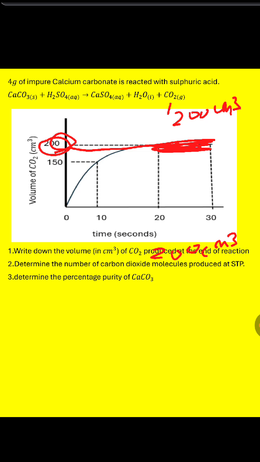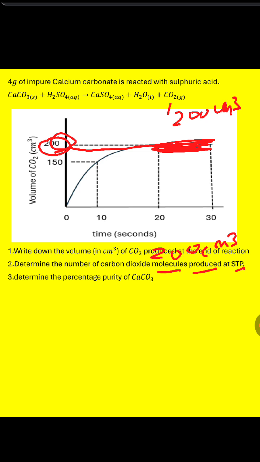It says calculate the number of carbon dioxide molecules produced at STP. So first of all, let's check what it is that we are going to do.